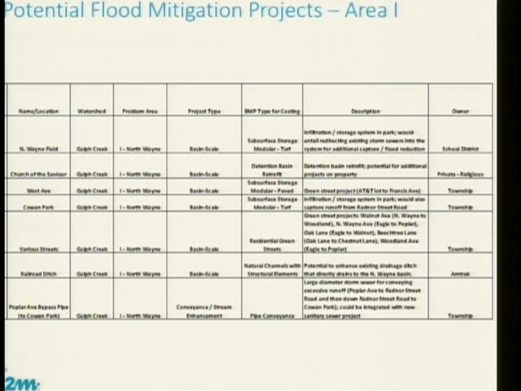So then, looking south of the train tracks, we're trying to do a lot of incremental improvements to really get at this problem, which is a significant problem. And a couple of those are south of the train tracks that feed into the existing North Wayne Basin.